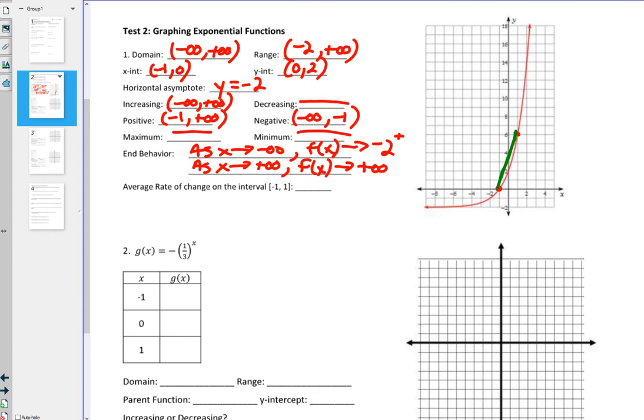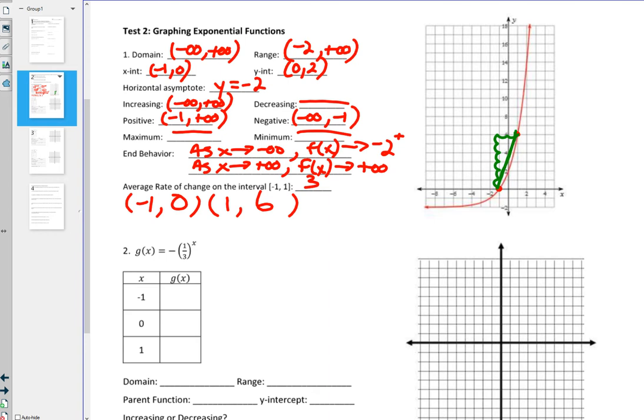And then if you just want to count rise and run, 1, 2, 3, 4, 5, 6, and then run 2, 6 over 2. What's 6 divided by 2? Somebody say 1? 6 divided by 2? 3. It's 3, yeah. Okay, fine. You could put 3. But if you want to do it algebraically, let's see, we have -1 comma something, and then 1 comma something. We just found out that those somethings are 0 and 6.